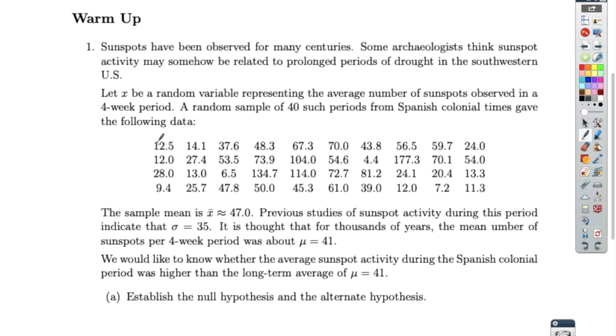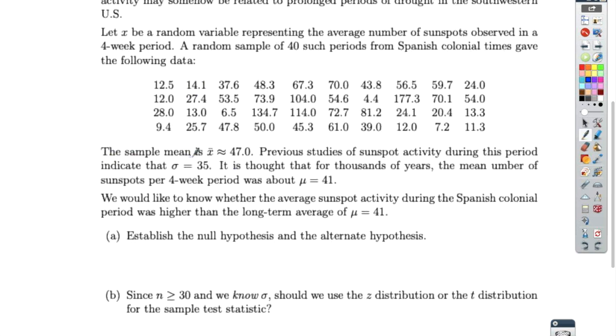Each of these data values represents the average number of sunspots observed in a 4-week period, like the average number we observed in one month, another average in another month, and so on. The sample mean is X bar equals approximately 47.